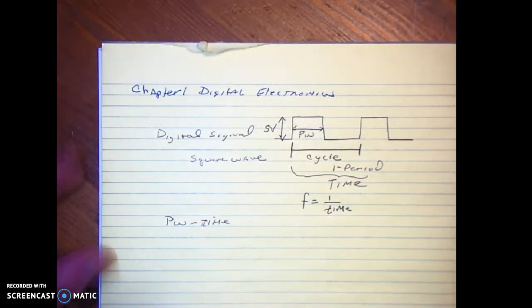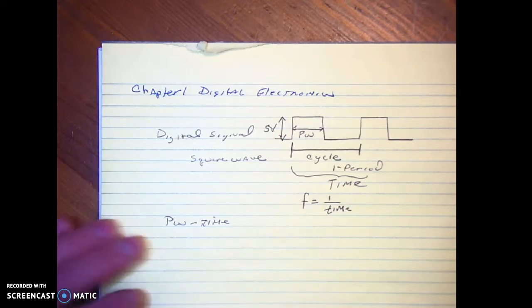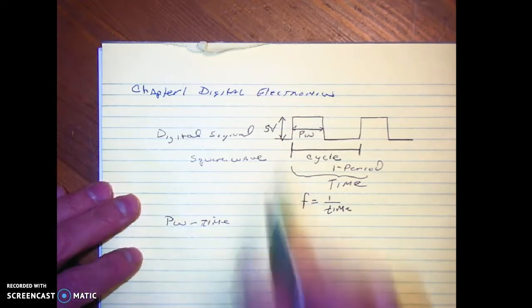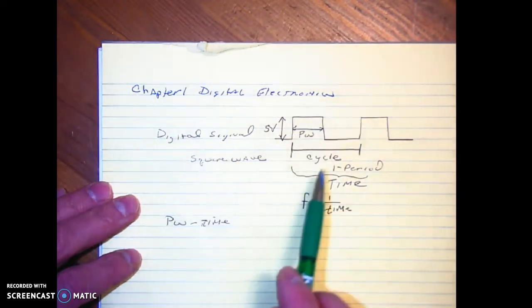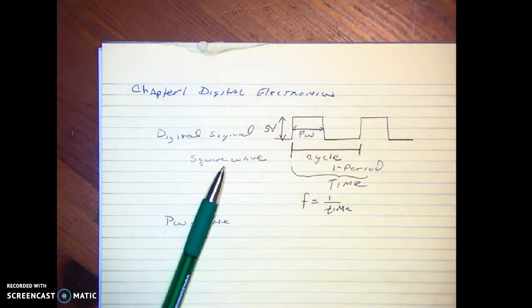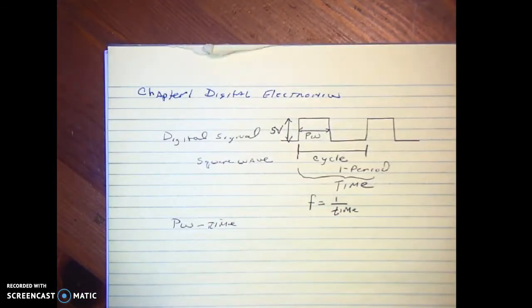Most of the frequencies we're working with are in the 1 kHz and above. We may go down to 60 hertz, but you're going to be a little bit higher on the low end. So basically, a digital signal is a square wave that has some sort of pulse width and some sort of cycle.